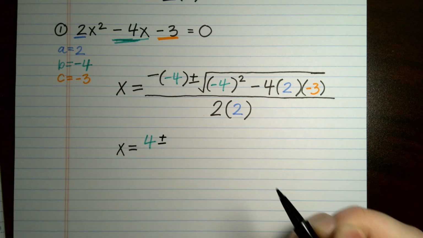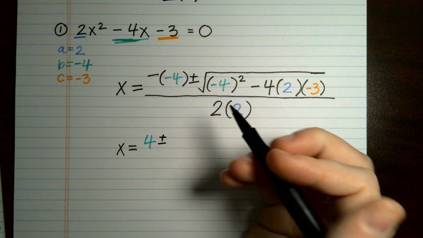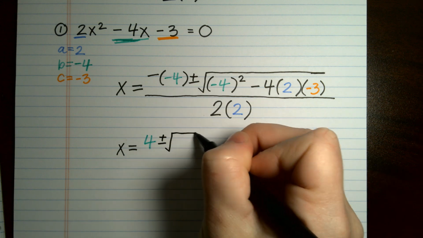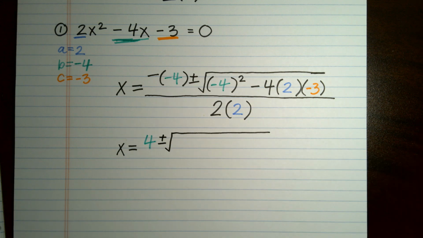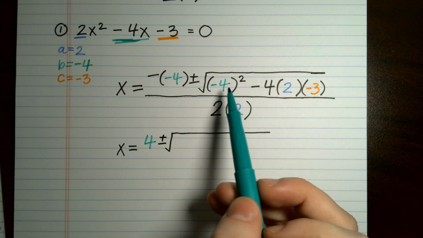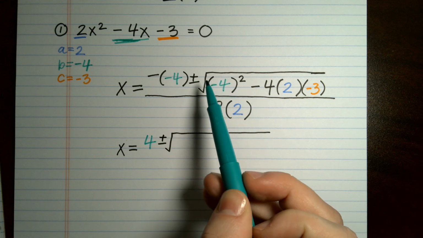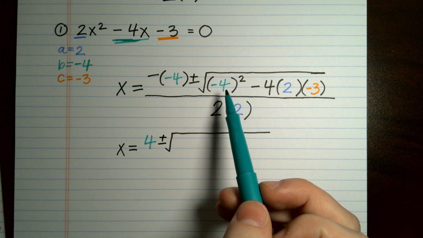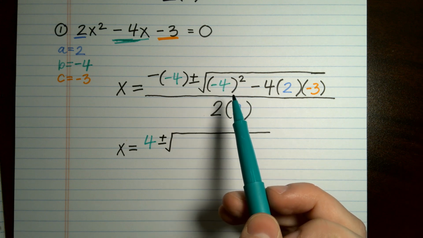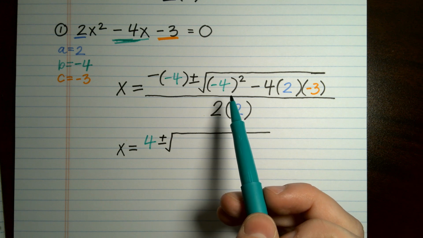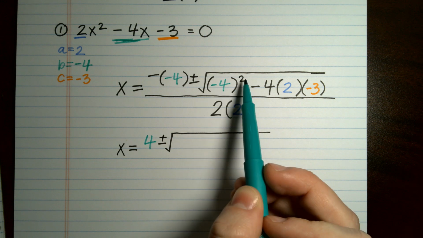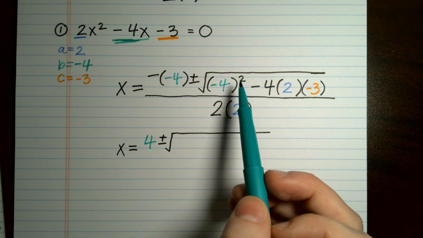Then we got our square root. Yeah, so now I have -4 squared. -16. Ooh. Did you do the square root instead of -4 squared? I think you did.